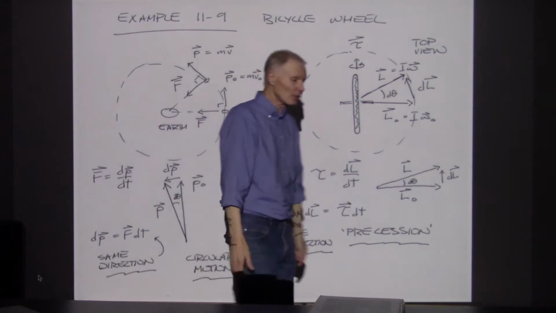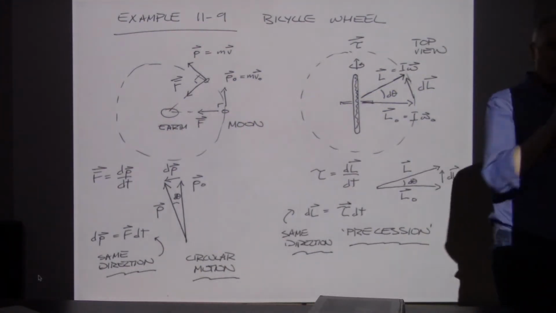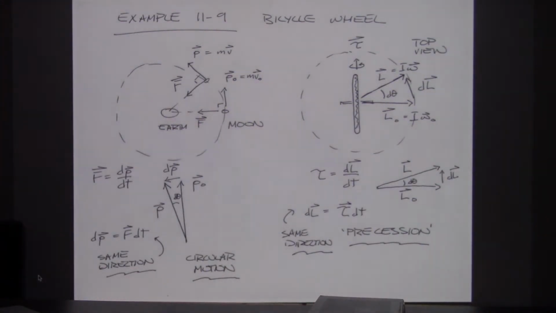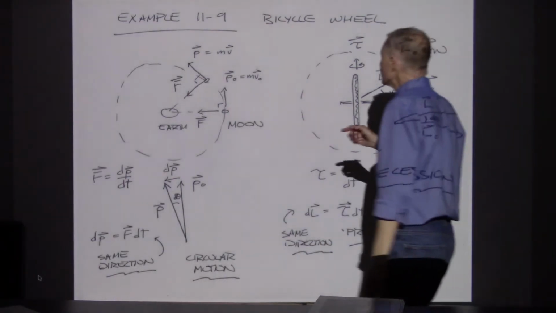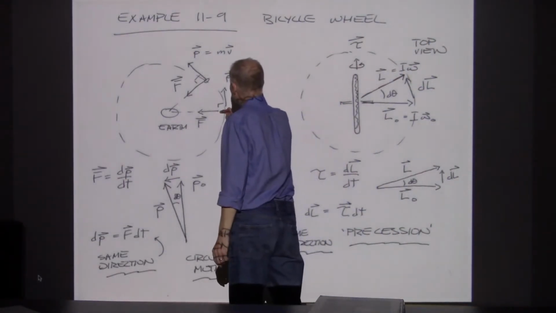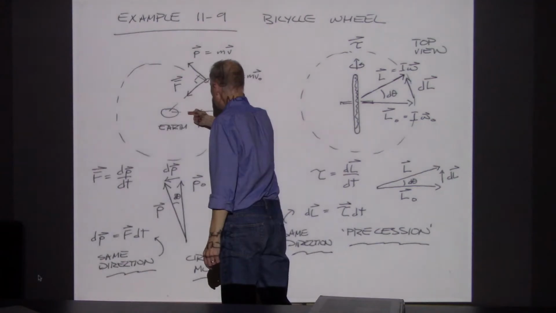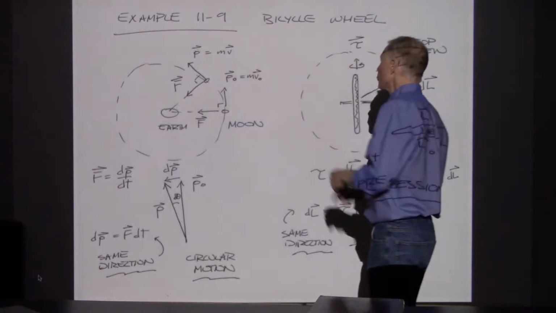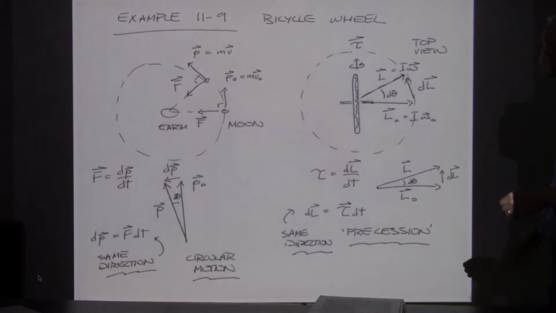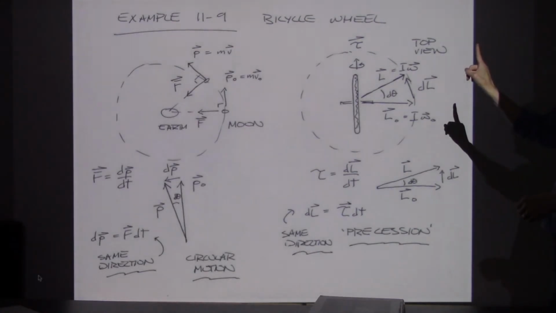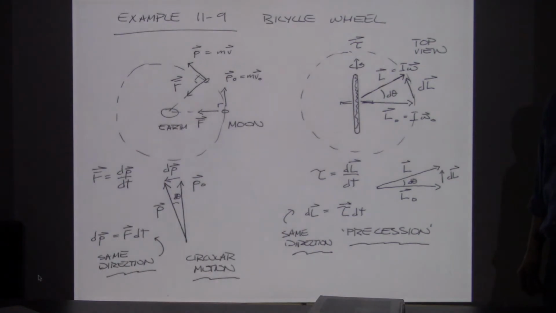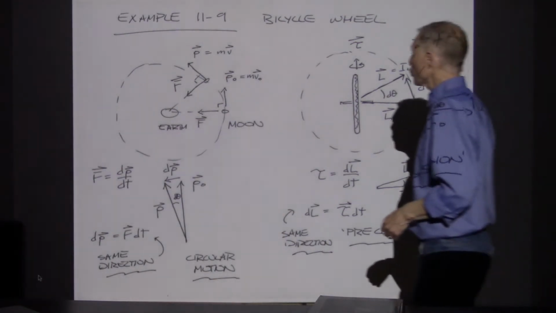Well, if the moon had no momentum to start with, and suddenly a gravitational force pulls on it, the moon will begin moving, it'll start picking up speed in the direction of the force. But instead, the moon already has linear momentum built up in a direction perpendicular to the gravitational force.